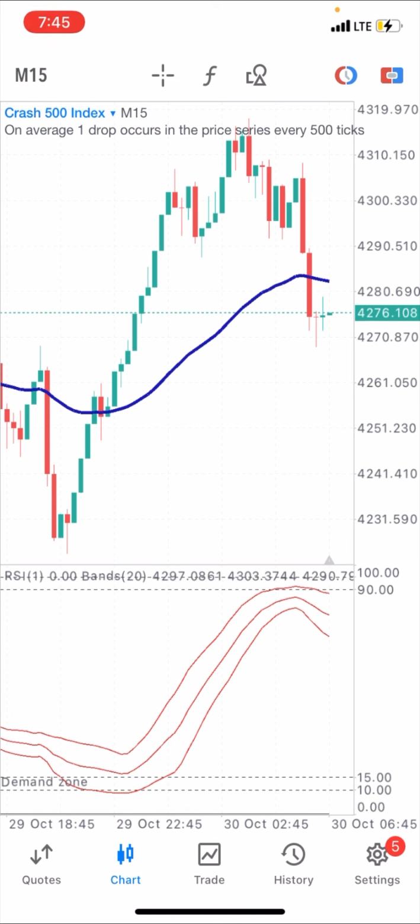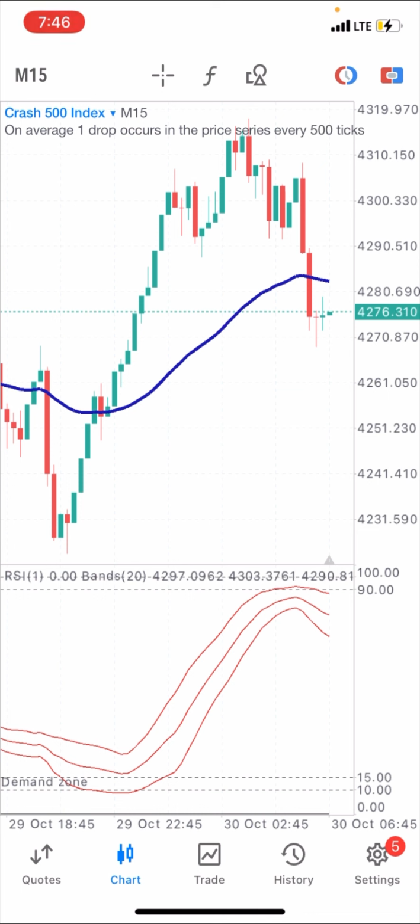I haven't tried it on boom 300, but I think it might work on boom 300, because the reason it doesn't work on crash 300 is the volatility level. Crash 300 is very volatile, and sometimes before the conditions are met, it's already moving mad.